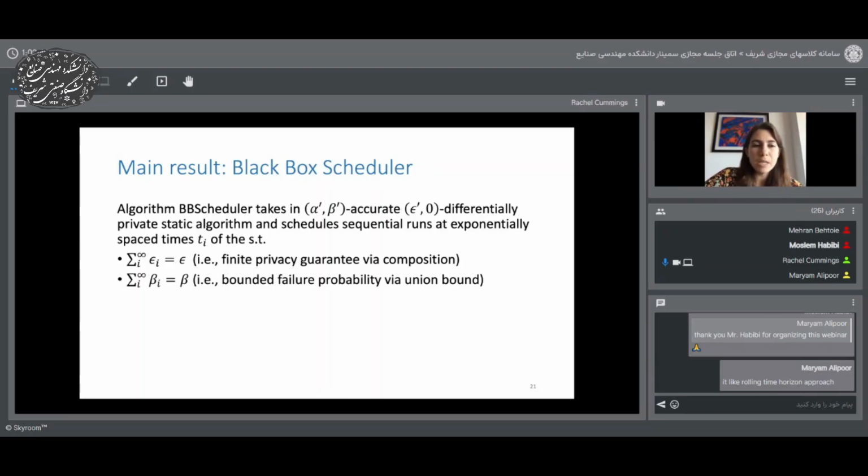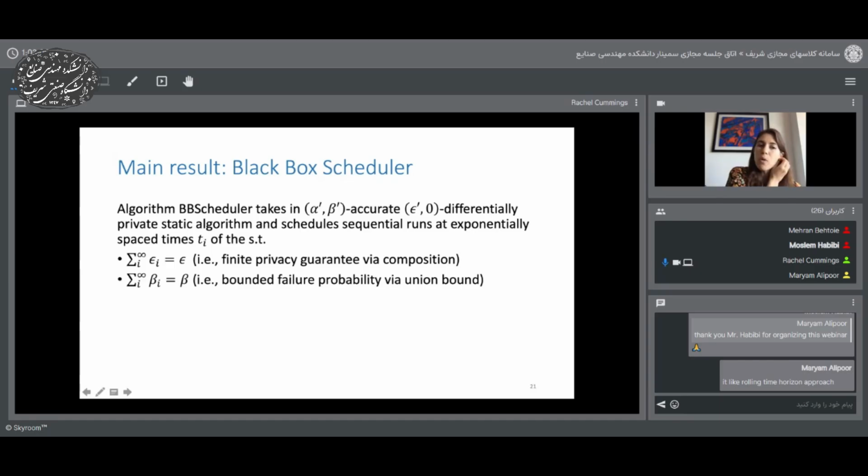And this will give us a couple of guarantees. The first is that we want all of our epsilon i's to sum up to some fixed finite epsilon, and this will come from composition.